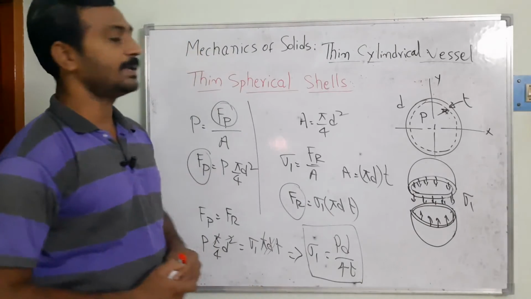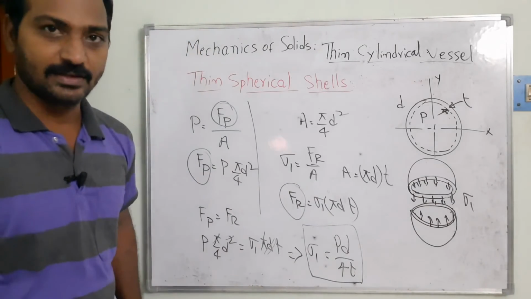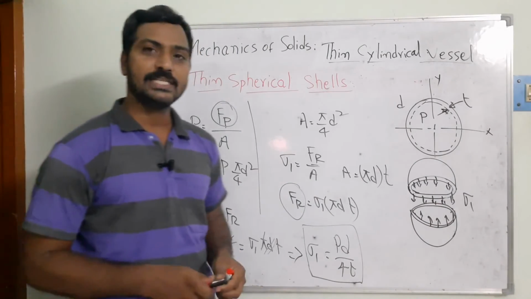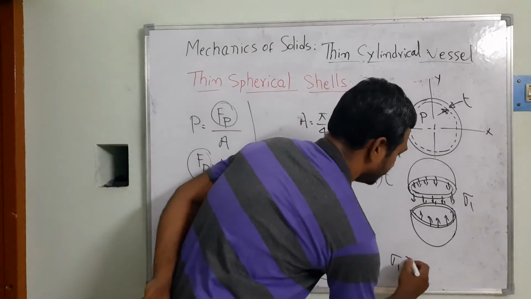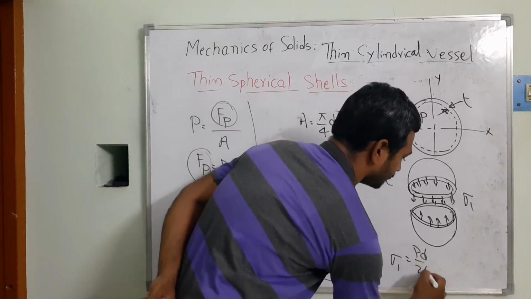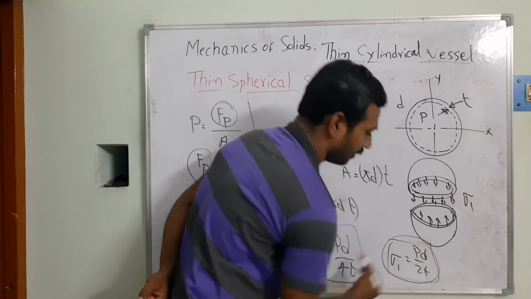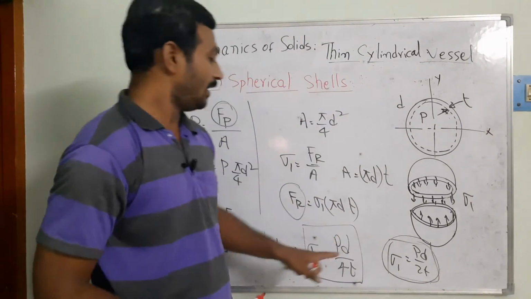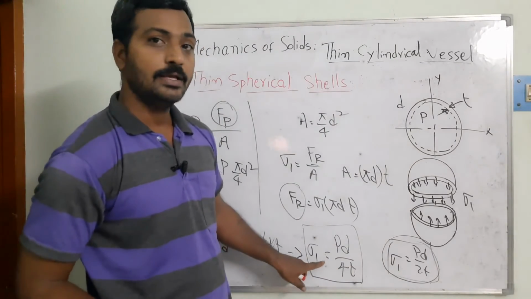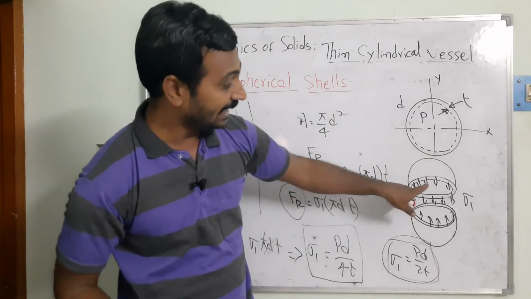If we consider a thin cylindrical vessel, we got sigma 1 equal to PD by 2T. So you can see the circumferential stress in the cylinder is twice the stress acting in the spherical shell.